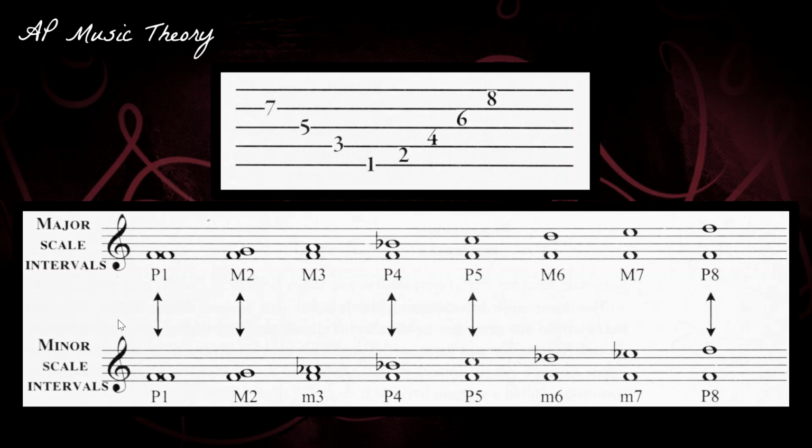So here we have F, and if we wanted to make it a perfect first or a perfect unison prime, here we have that. If we wanted to do a major second, a minor third in minor, a major third, a perfect fourth, a perfect fifth, a major sixth.